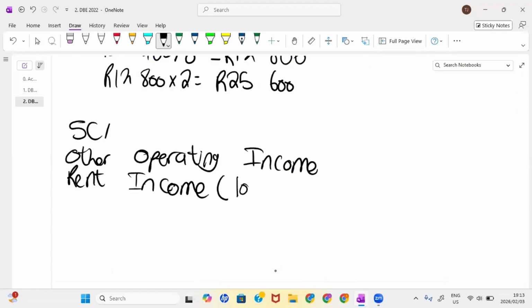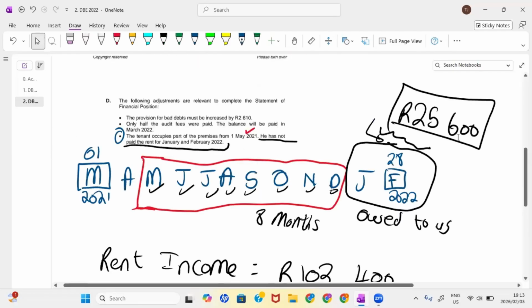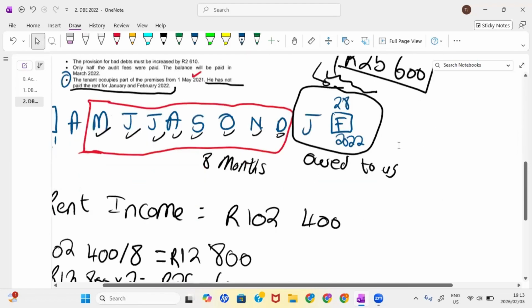However, this time we add, how much do we add? The 2 months that we are owed, which is 25,600 rands.